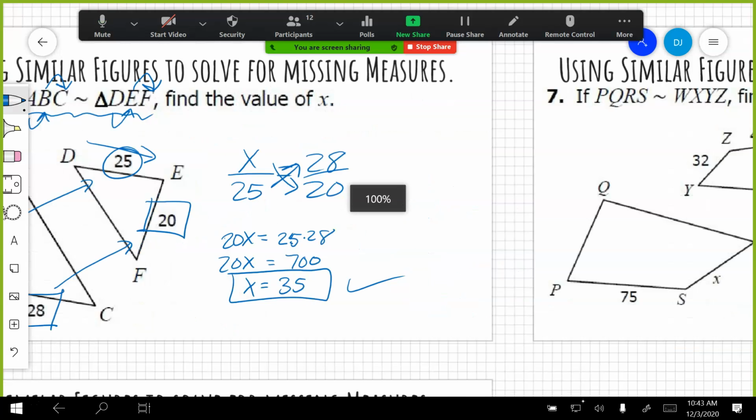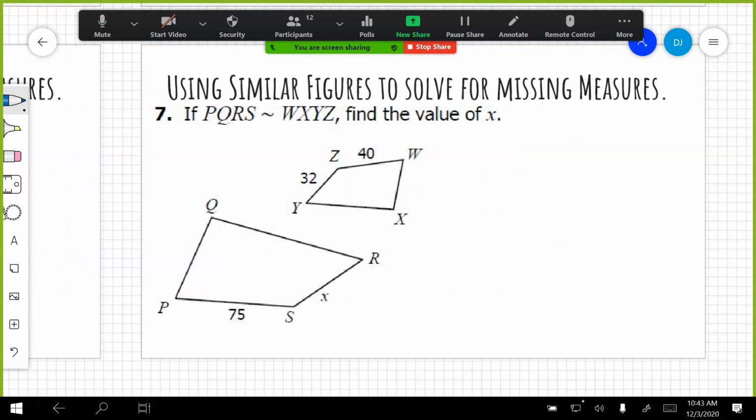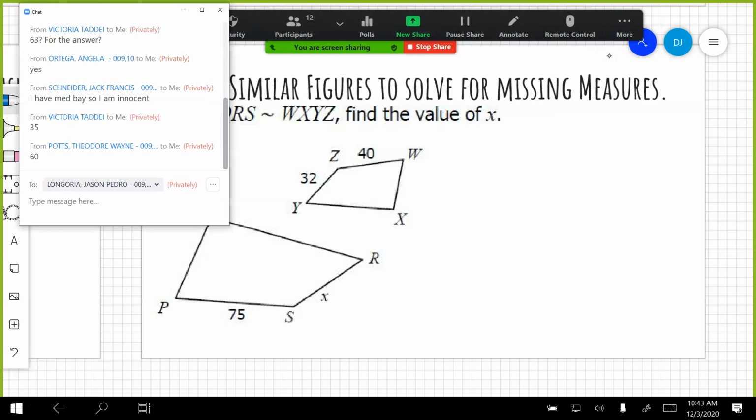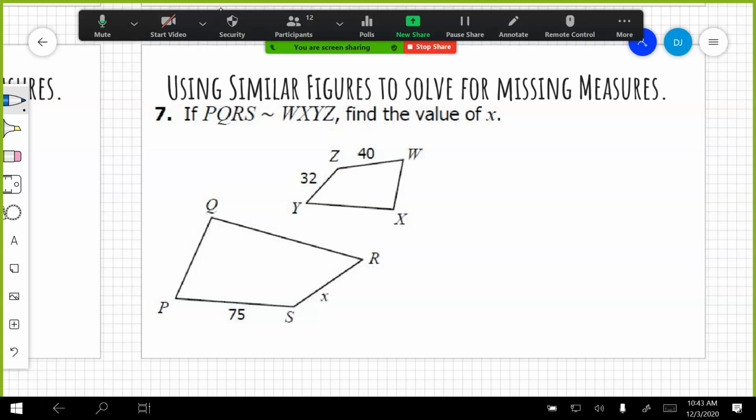All right, take a look at number 7. With number 7, we have similar figures to solve for some missing measures. So what we're going to do first is set up a proportional relationship. Caleb, they tell us the similarity statement here.